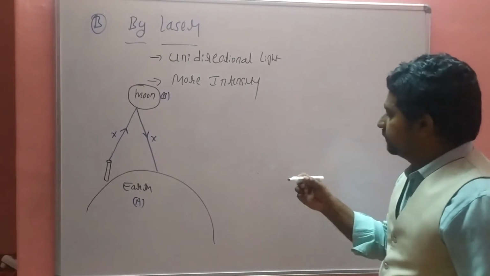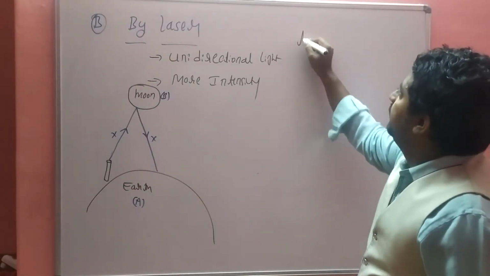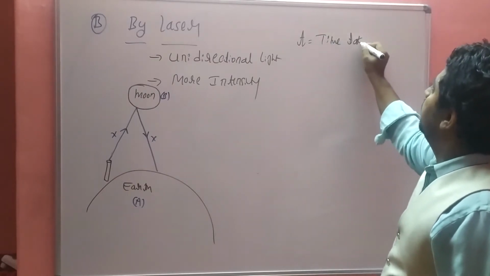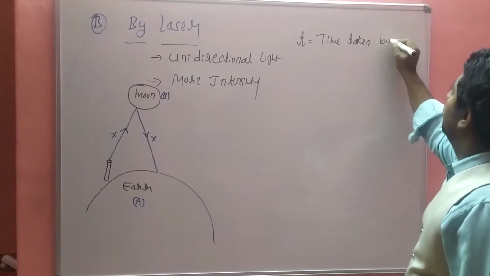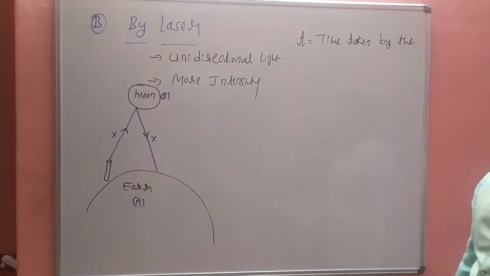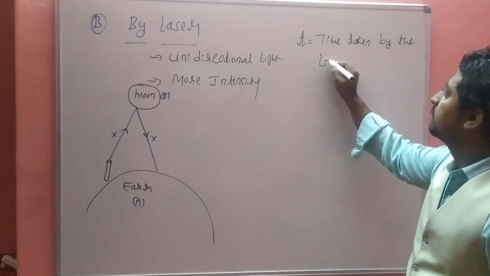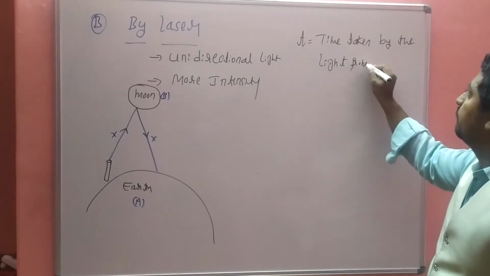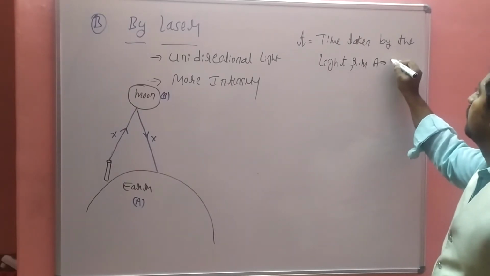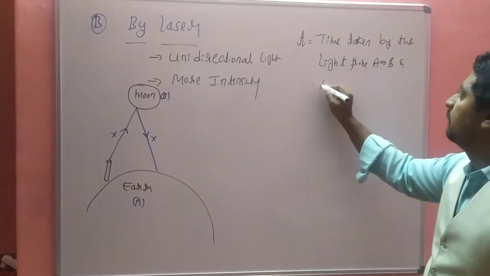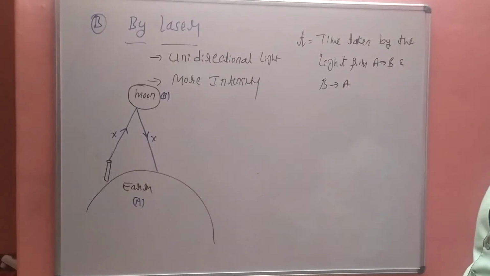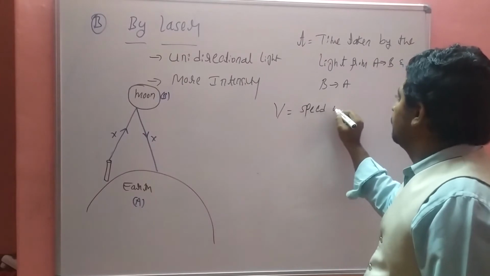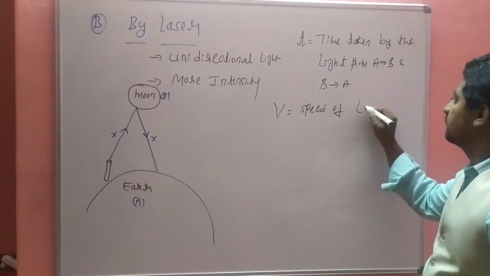T is the time taken by the light from A to B and B to A. Then V is the speed of light.